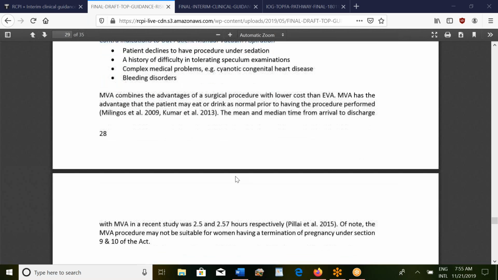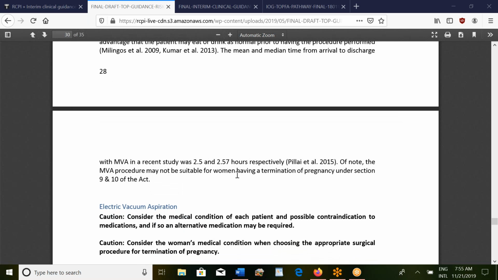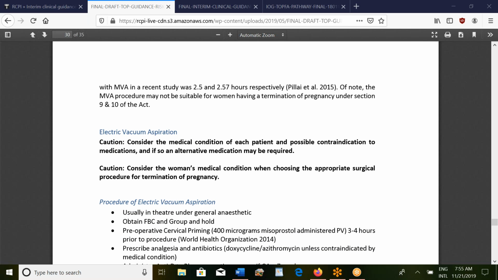Then you should remember that there are certain contraindications: the CRL should be less than 25 millimeters, and the size of the total pregnancy contents should not be more than 5 centimeters. So just mention a couple of things.